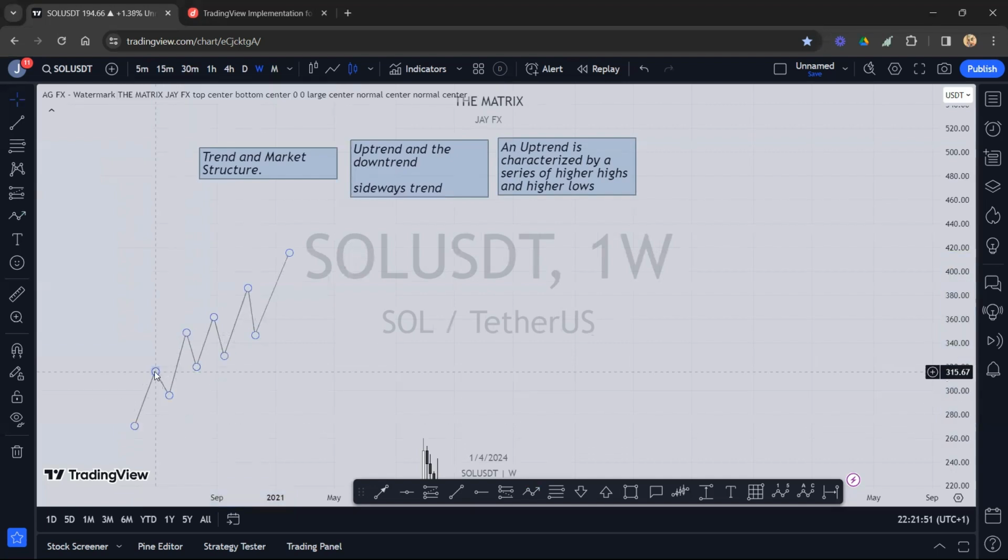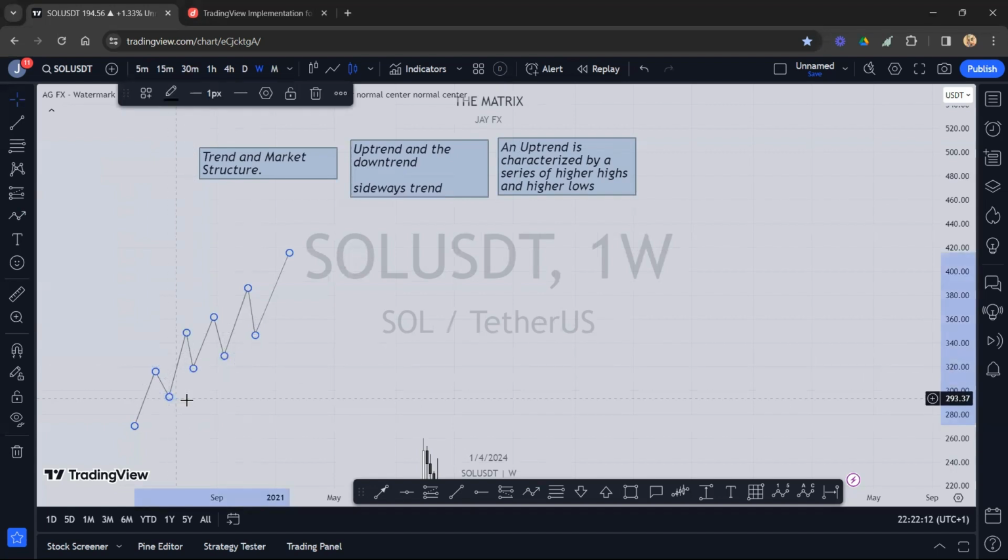So let's start. This is a higher high. This is a higher low. This low is higher than this previous low. We have another high. This high is higher than this high here. We have a new low. This low is higher than this low here.